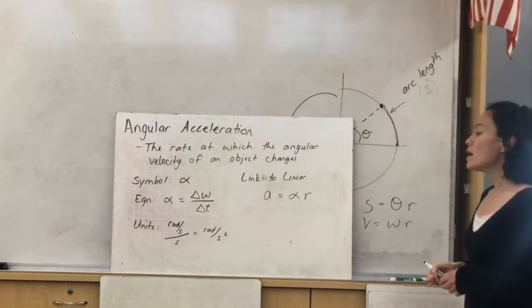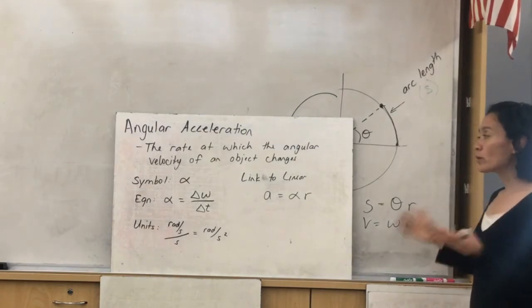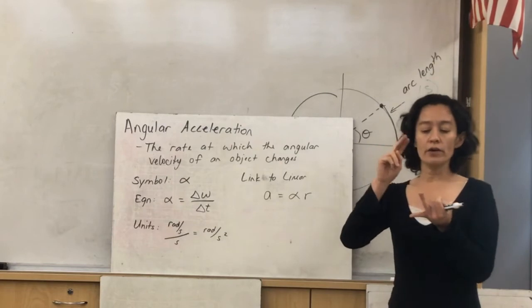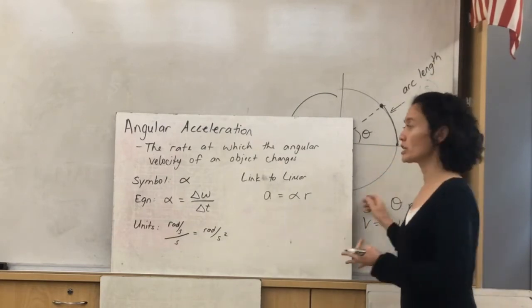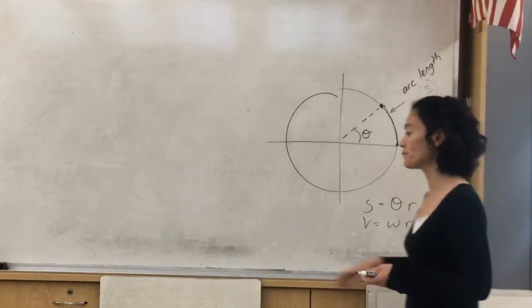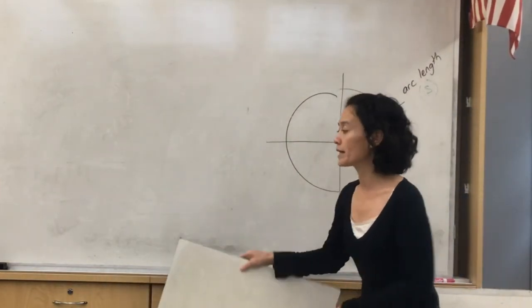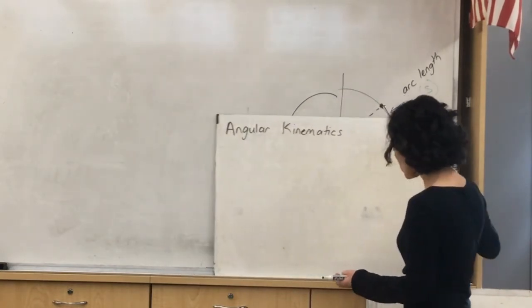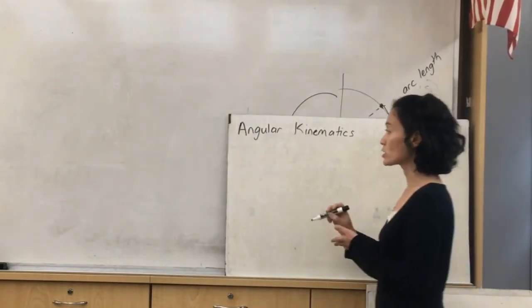Okay. Now, here we have these angular equivalents of displacement, of velocity, and of acceleration. And if you have an object that is moving at constant acceleration, then you should be able to apply kinematics. So angular kinematics. Let's just remind ourselves of what the linear kinematics equations were.